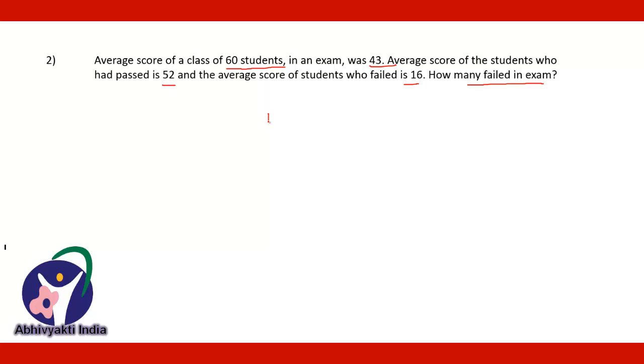So we will write it like this: the average of passed students is 52, average of failed students is 16, and average of the class is 43. Now what we do?